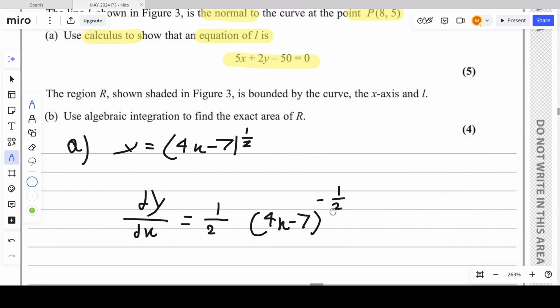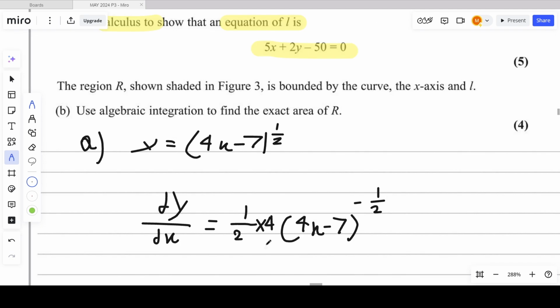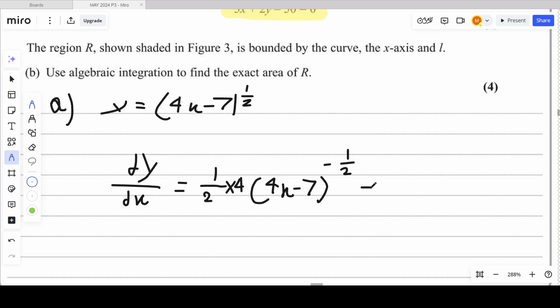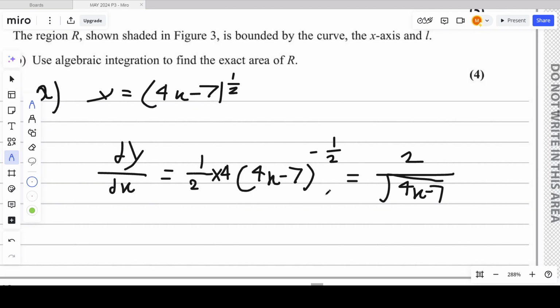Then, as part of the chain rule, we differentiate the part within the bracket, which gives only 4, and multiply. So the gradient function is 2 over the square root of 4x minus 7.